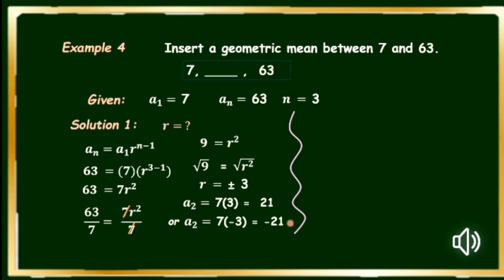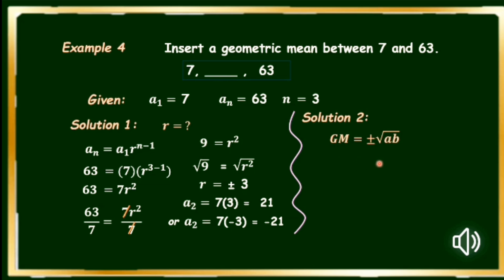For our alternative solution, actually we have a formula for the geometric mean when we're looking for a single geometric mean, wherein the geometric mean is equal to positive or negative square root of AB, where A is the first term and B is the last term. And the geometric mean is the term in between them.